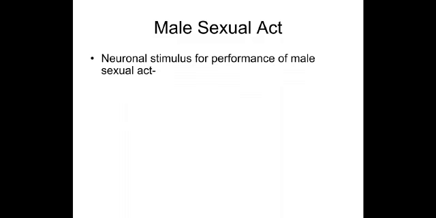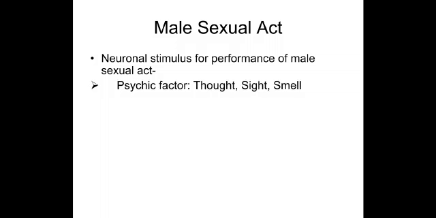The next is, what is the male sexual act? The physiology of the male sexual act consists of three sequential events: erection, emission, and ejaculation. For any male sexual act, there has to be a neuronal stimulus, for which you need a psychic factor.